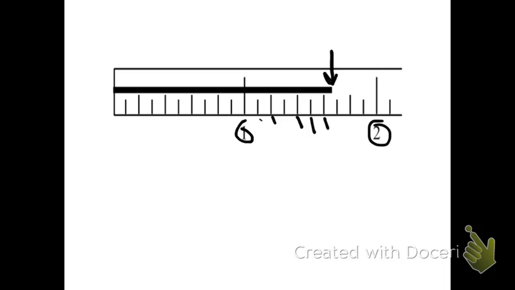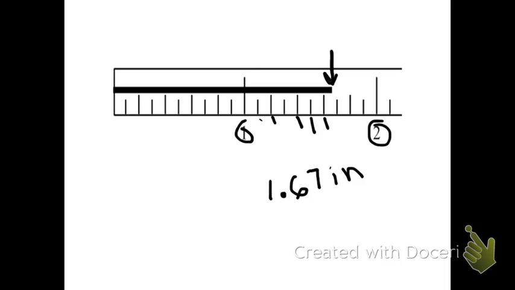So we know it's got to be at least 1.6. Those are our certain digits. But our next digit is going to have to be estimated. And I'm going to go ahead and estimate that as 1.67. And these are probably inches. So I'll put that unit in there.